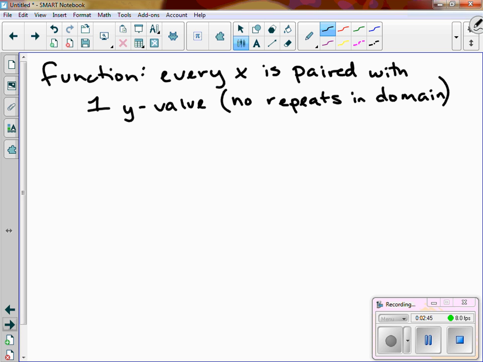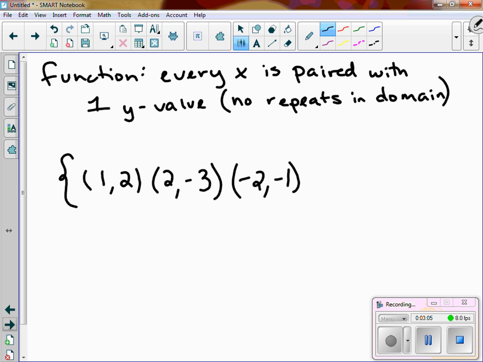Okay, so when I'm looking at this, let's say that I have my domain. Actually, not my domain. Let's go with a set. I've got (1, 2), (2, -3), (-2, -1), (-4, 2).